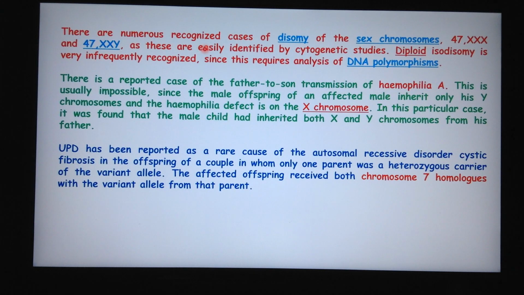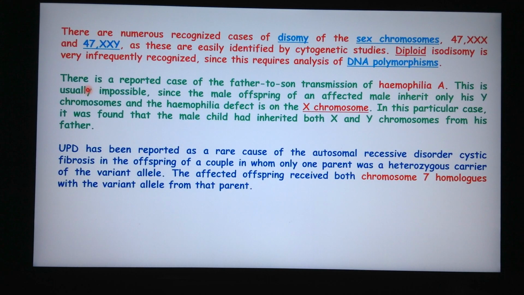There are numerous recognized cases of disomy of the sex chromosomes, such as 47,XXX and 47,XXY, and because these are problems in the sex chromosomes, they are easily identified by cytogenetic studies. But if there is a problem in the autosomes, then we need to analyze it by using specific markers present on the particular chromosome.